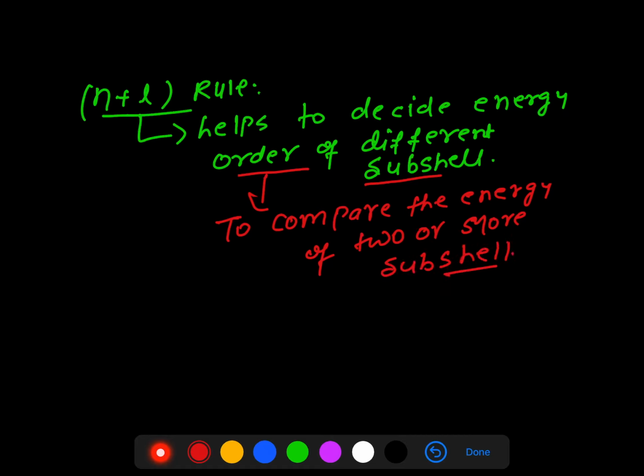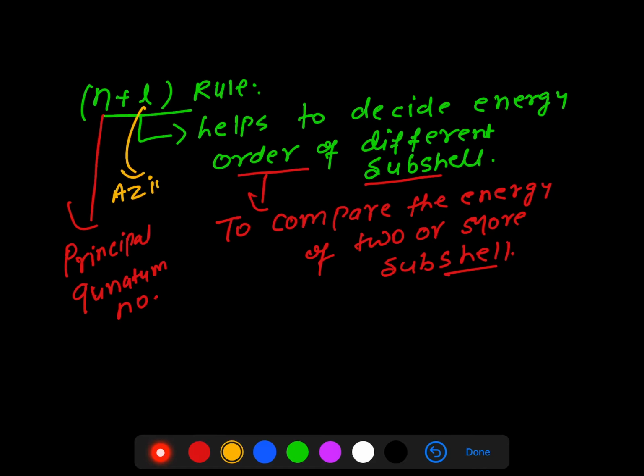So in the n plus l rule, this n is the principal quantum number, while l is the azimuthal quantum number that we have seen in the previous lecture of the same series. Right. Now, how does this decide the energy?